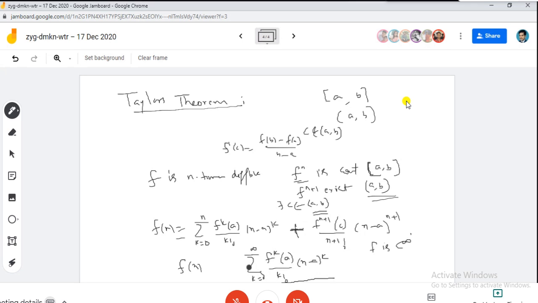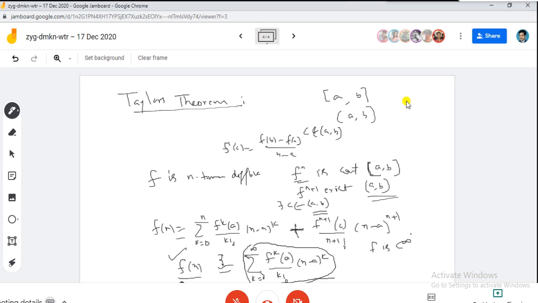Now the question is, is it always possible that this power series converges to this function f(x)? Can you write this always within its radius of convergence? So when this power series converges to this function within its radius of convergence, we say that this function f is analytic.